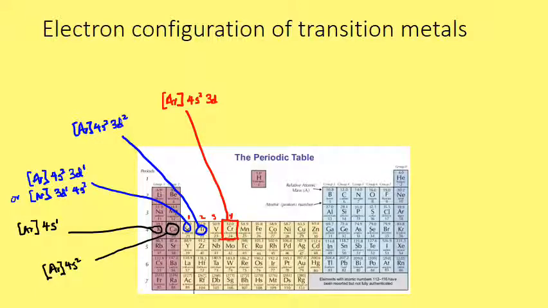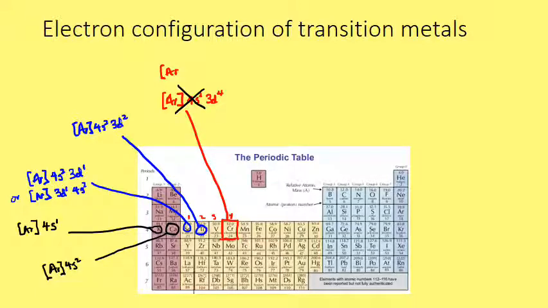So you would expect 4 electrons in the 3d orbitals, 2 in the first and 2 in the second. That's sort of what you'd expect if you're following the same pattern. But this doesn't happen like that for chromium. All right, so I'm going to draw a little cross through that, and then go back to my red pen and write out what does happen.